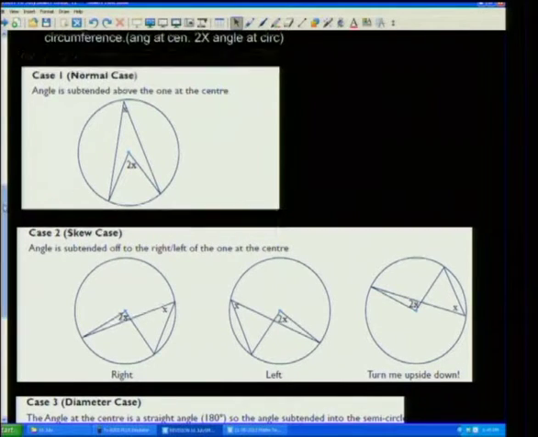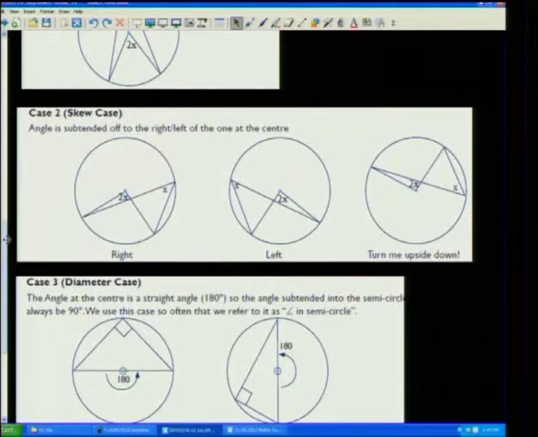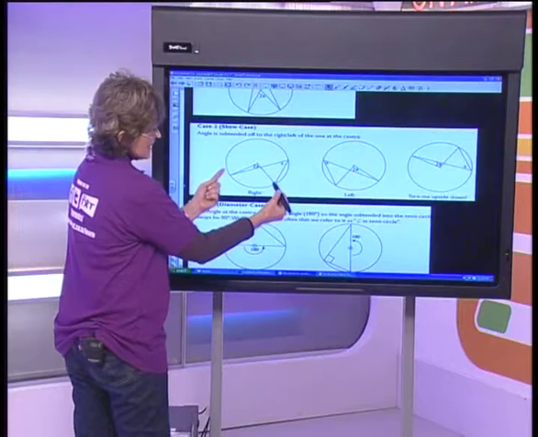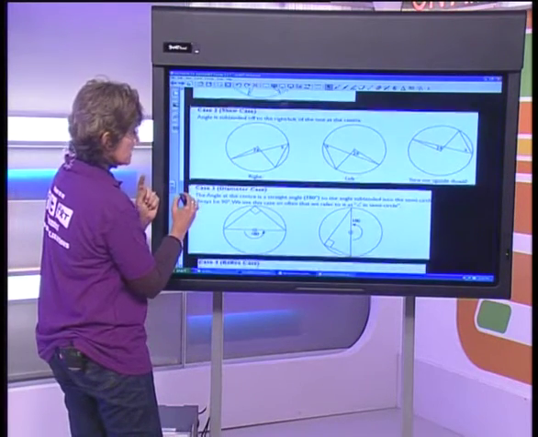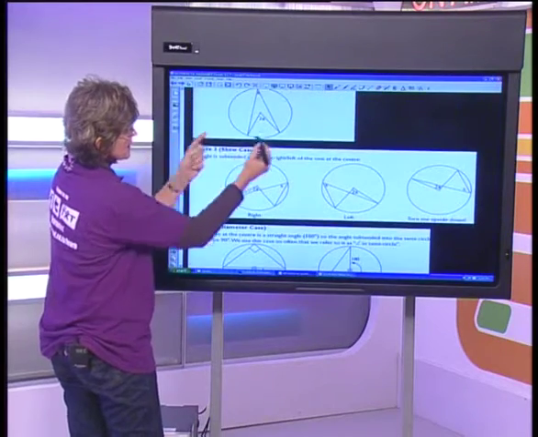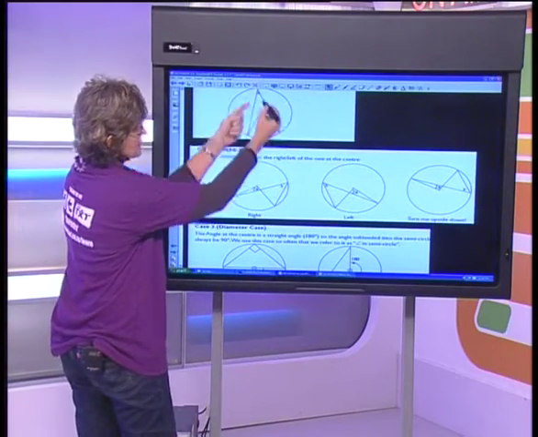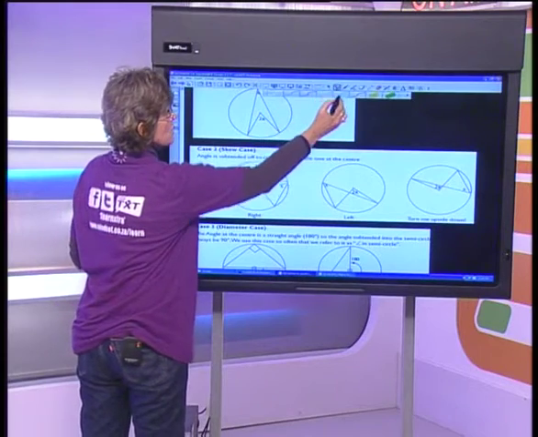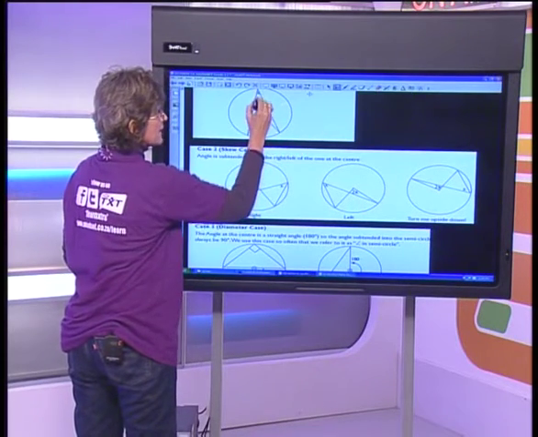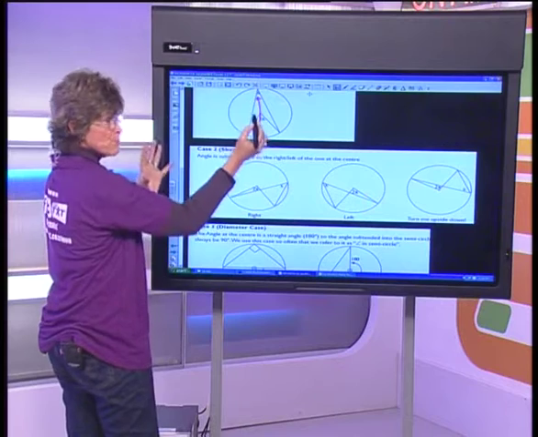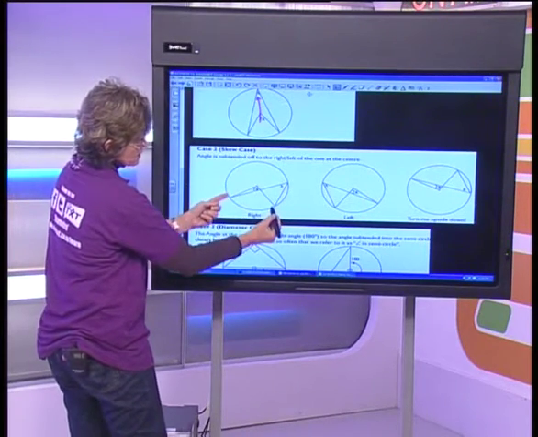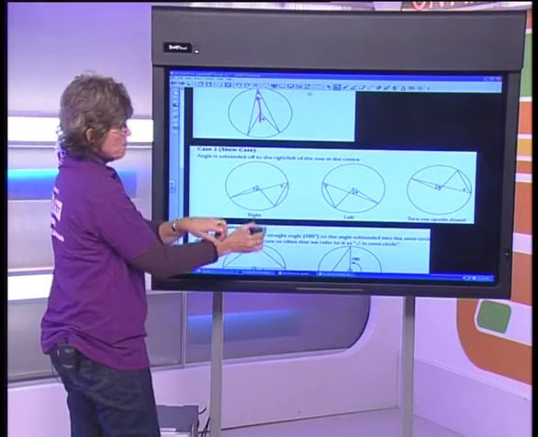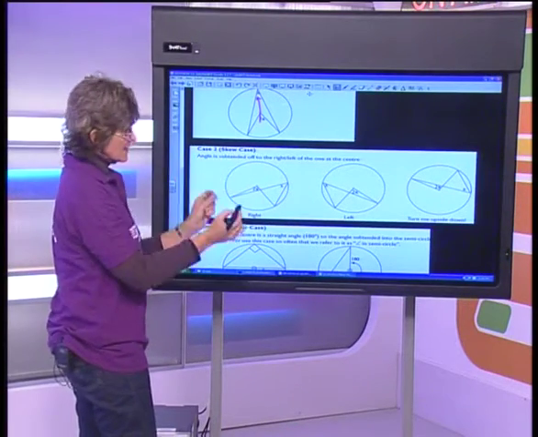But now if we have a look at these next cases, can you see that once again we've got an angle subtended, or hung, to the center, but now just a little bit different. Can you see that here the one to the circumference was directly above it? Okay, so look at this. It's directly above it, and that's how we prove it. If this is 2x, that one's x. But now can you see that here, this one is going off to the side, but the theorem is still exactly the same.